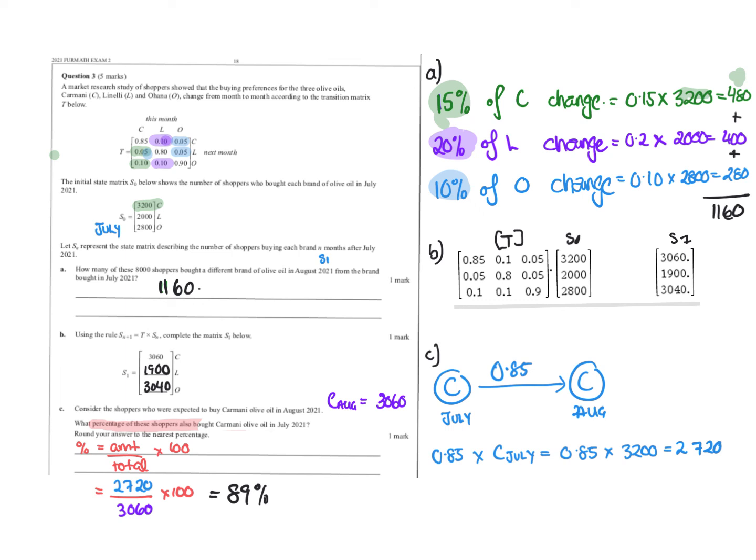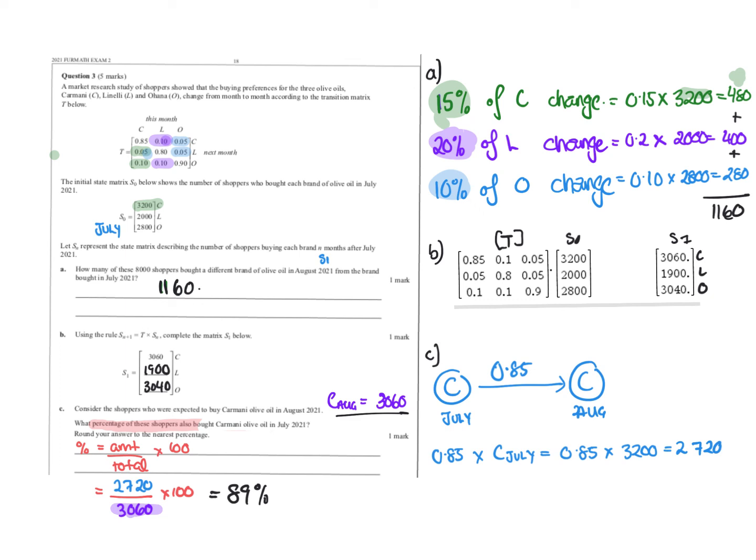Now it says consider the shoppers who expected to buy C oil in August. So we're looking in August, so remember this is C, L, O. So in August, there was 3,060 of the C brand. So what percentage of these ones? So when we do a percentage, we do the total. So they're talking about the total. So you can see down here in the purple, I've put that total.